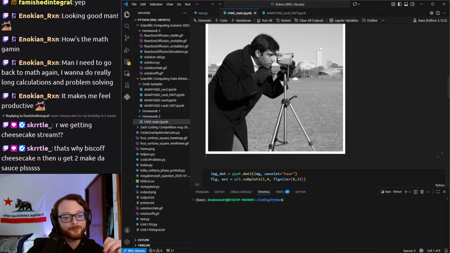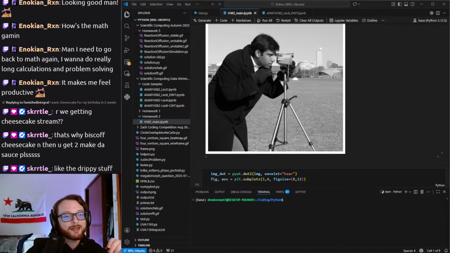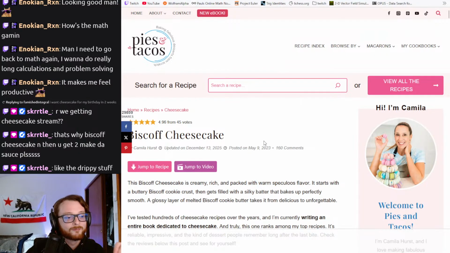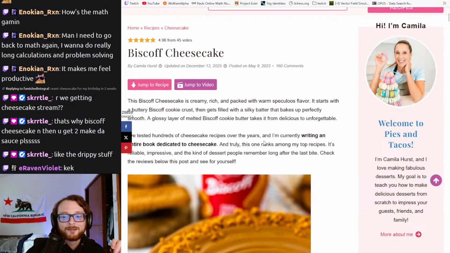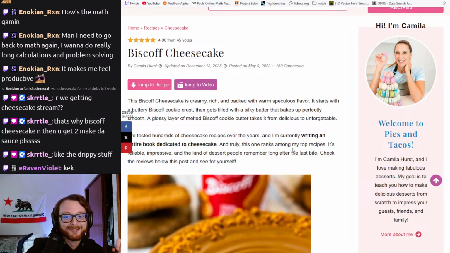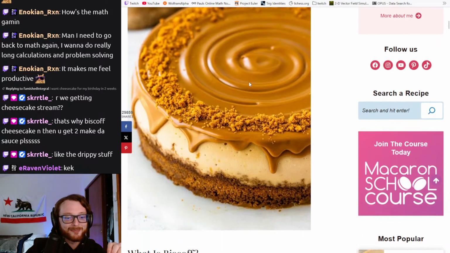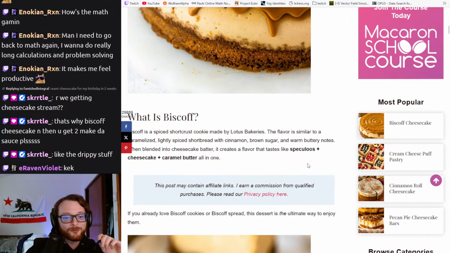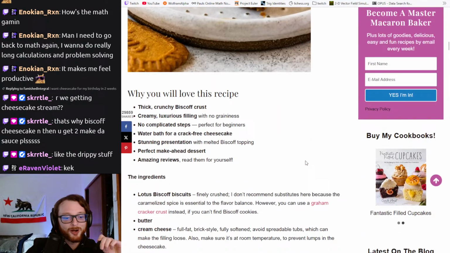Wait, there's a sauce for Biscoff cheesecake? I thought it was just the crust with Biscoff crackers. Let's see. piesandtacos.com. That is a little bit dirty. Pies and tacos. This does look good. Is that just caramel? Oh no, if it's caramel, I'm not doing it. I've tried to do caramel a couple of times.